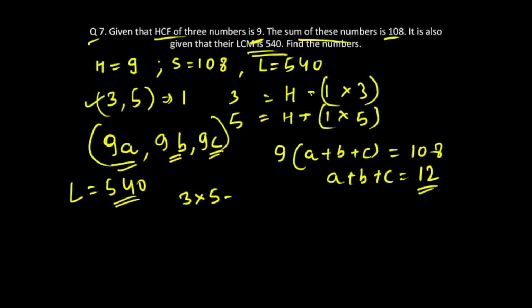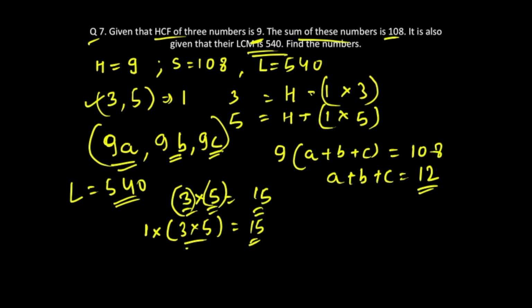The product of these two, because these are co-prime to each other, right? So this is 15. How have we written 15 over here? We are multiplying the HCF, that is 1, into the prime values of these. So 3 into 5, and thus we arrive at 15, which is the LCM of these two numbers.